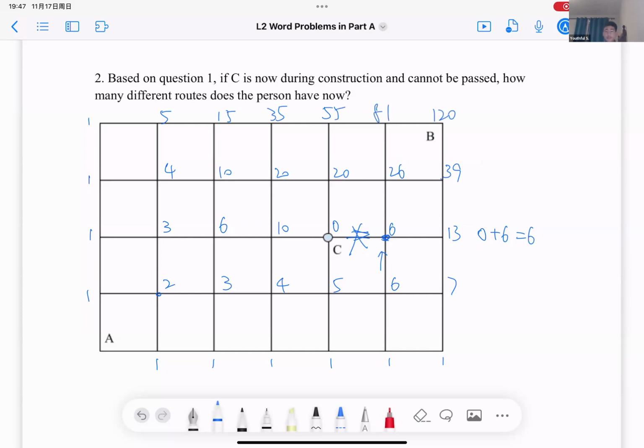This is 120. So the correct answer is 120. Any questions about this one? You guys all understand? It's okay?